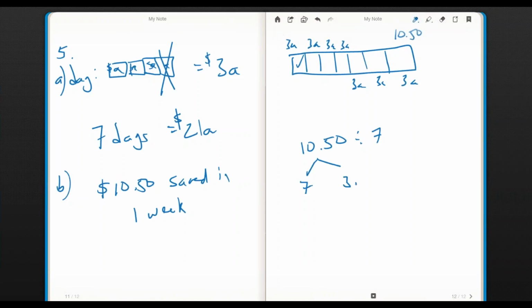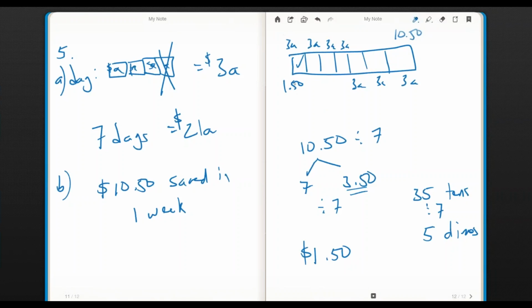If you'd like to do it with mental math, you can think of it this way. 7 and $3.50 is $10.50. 7 divided by 7 is 1. $3.50 divided by 7 is 50 cents, because notice I have 35 tens, right? 35 dimes divided by 7 is 5 dimes. So $1.50 is each day's worth.